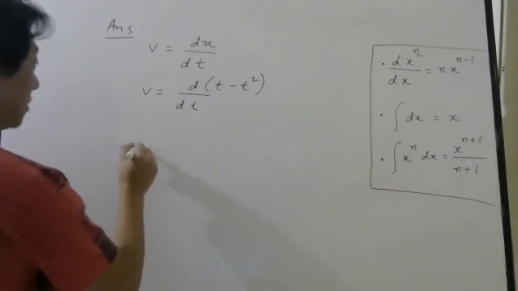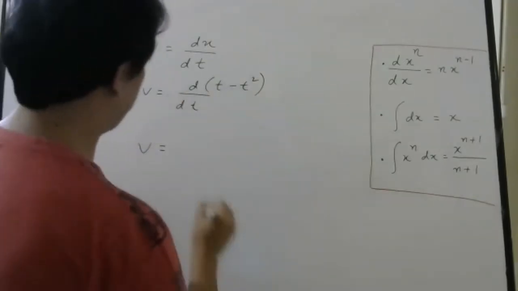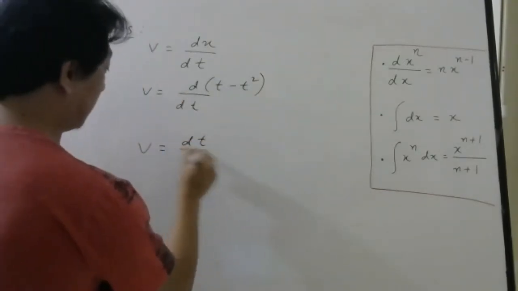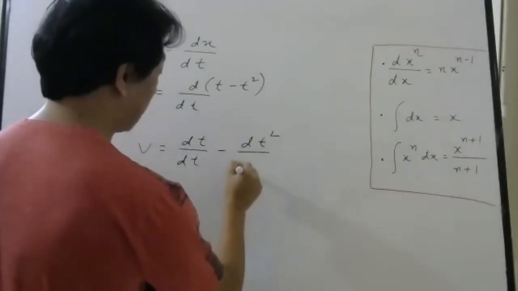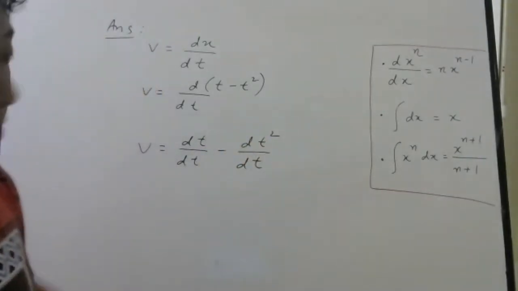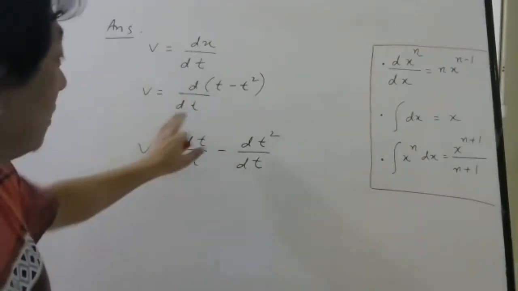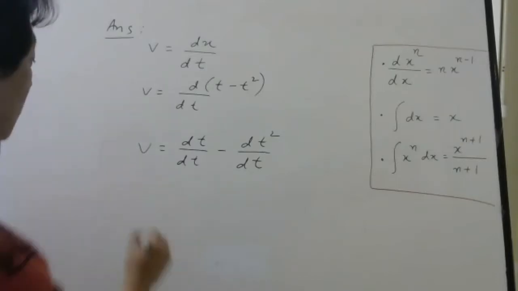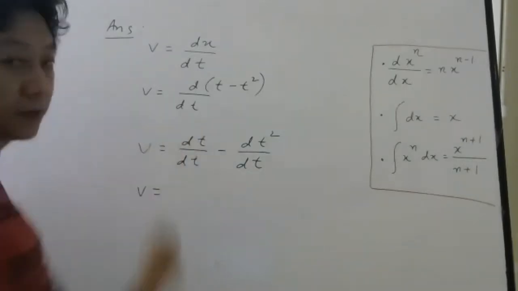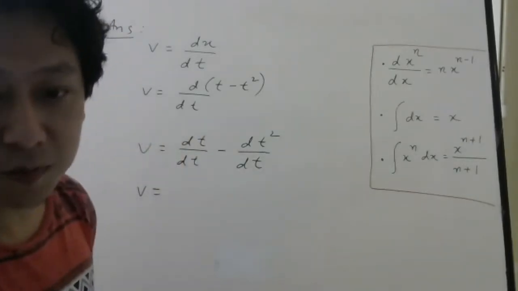So what will velocity be equal to? First you do the differentiation. First you have to take dt by dt minus d of t square by dt. First you distribute, dt by dt for t, then d of t square by dt. Correct? Now, what is dt by dt? It is 1.